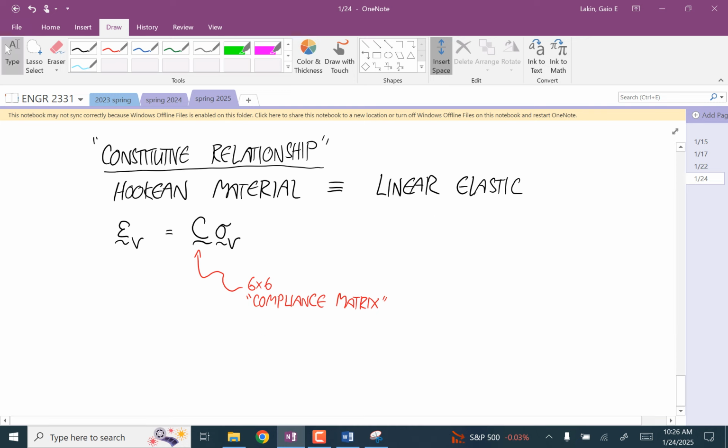But there is also, so I'm going to put this in parentheses because we won't use this as much, but this is equivalent to the relationship that says the Voigt stress is equal to a 6x6 matrix called the stiffness matrix times the Voigt strain.